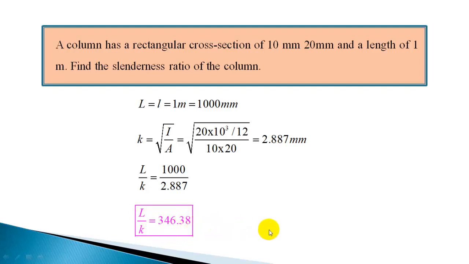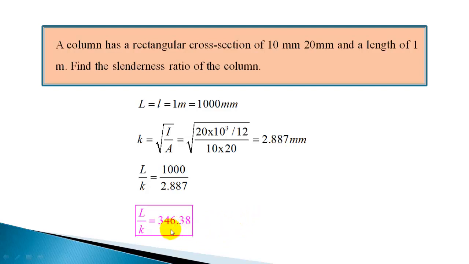Or if one end is fixed and the other end is free, L by K is going to be double of this. Or otherwise, another case is one end fixed and other end hinged. In that case, the value of L by K will be 346.38 divided by root 2. So you can check whether values are nearer to this.